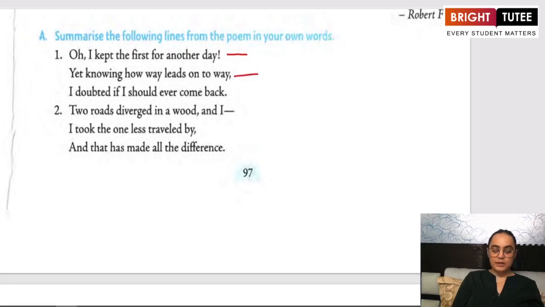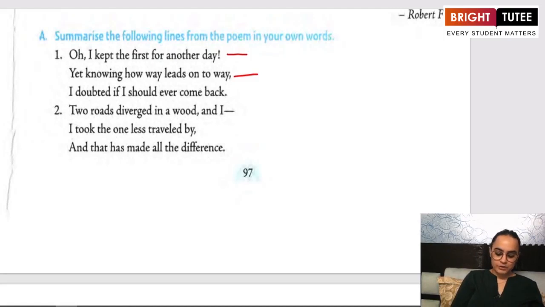He was aware that whatever decision he's going to make is certainly going to lead him to something else in life. All the decisions in our lives are interconnected, intertwined with each other. But he doubted whether he'd be able to come back, whether he'd be able to resolve it if he commits an error.